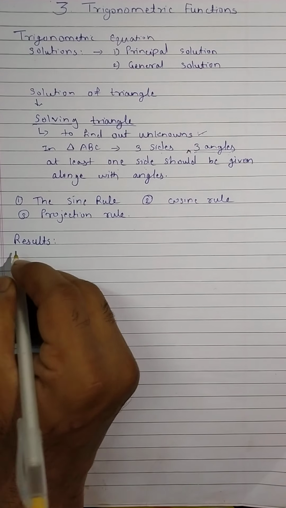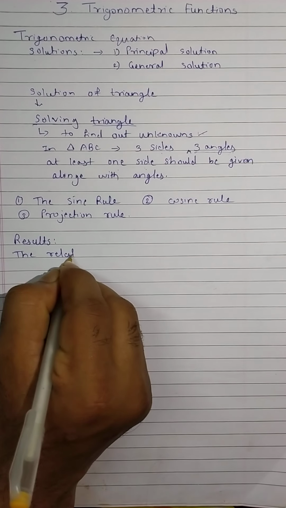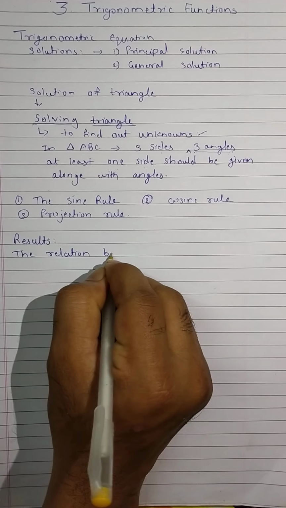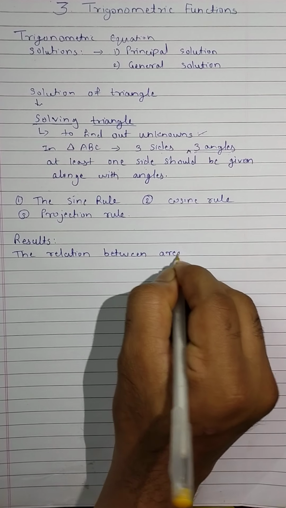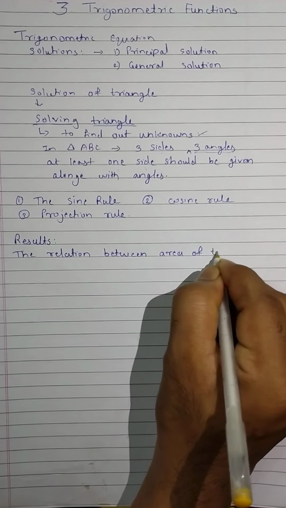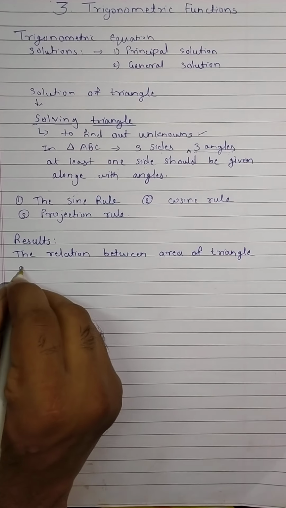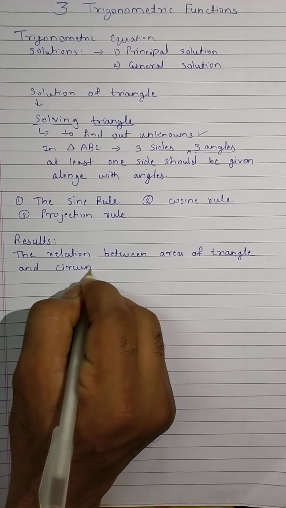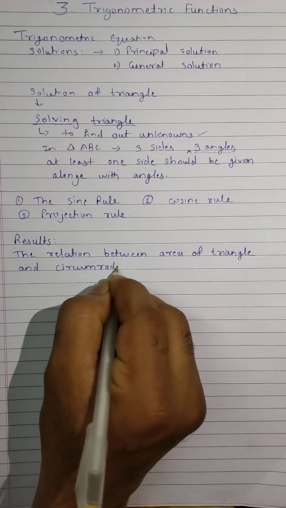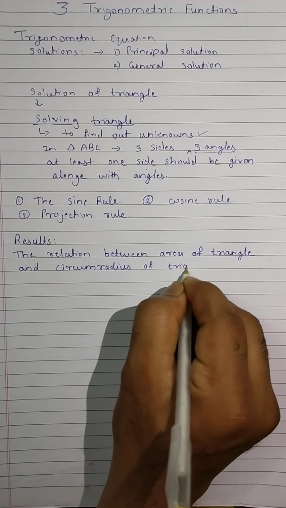The result is the relation between area of triangle and circumradius of triangle.